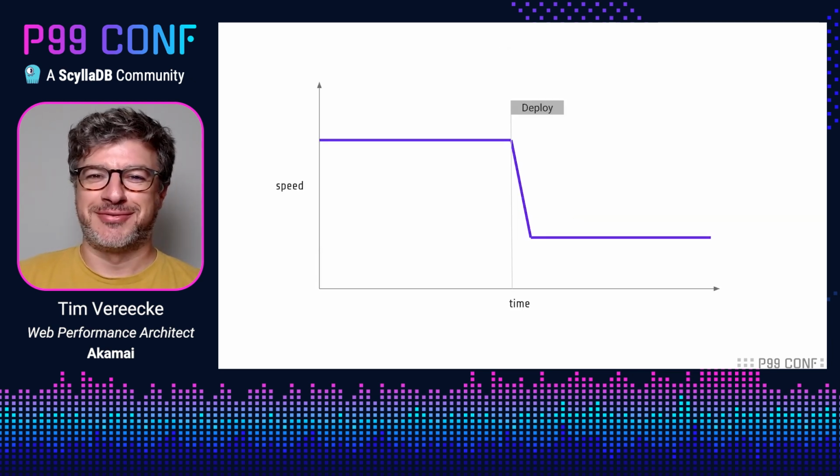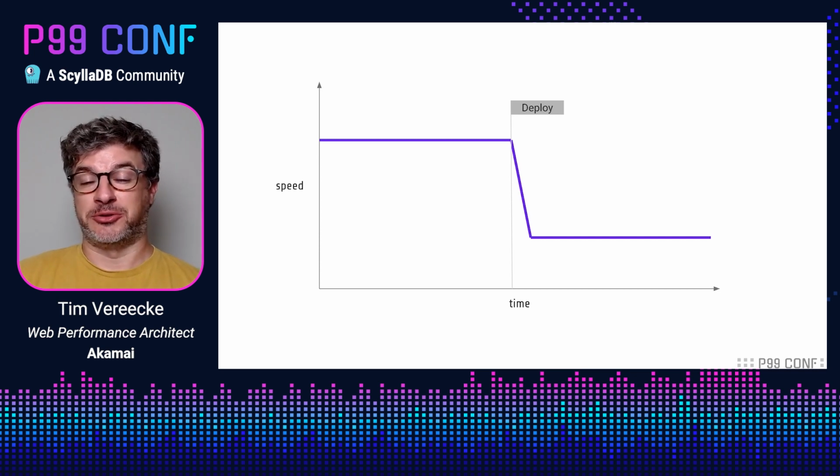This is a graph we all love to see. We find an issue, we make a deploy, and then the performance numbers improve. And when I see a graph like this, it makes me happy. However, this is not always the case.